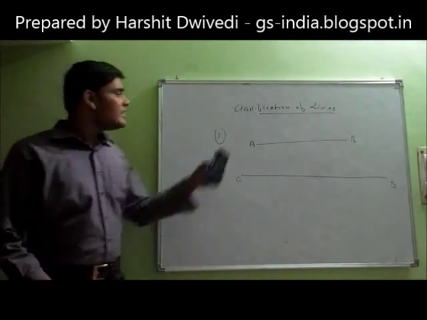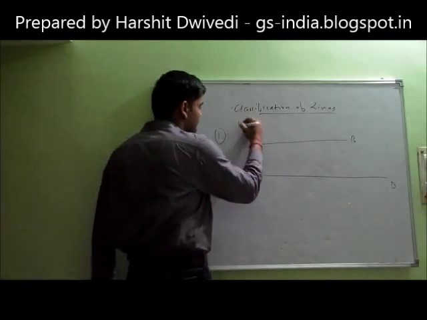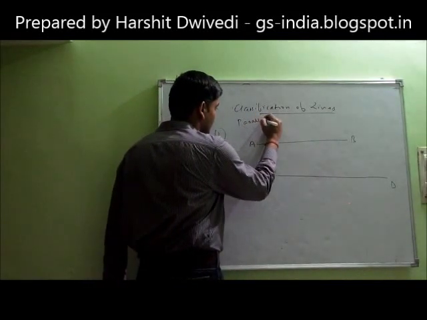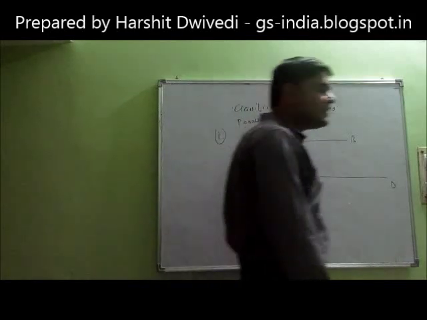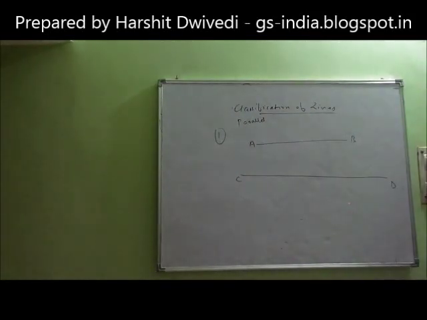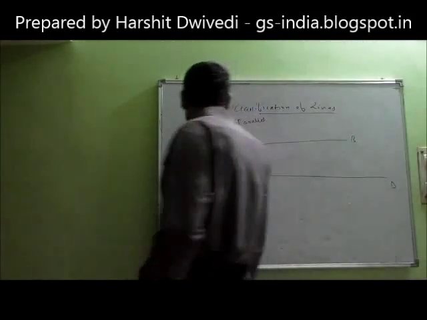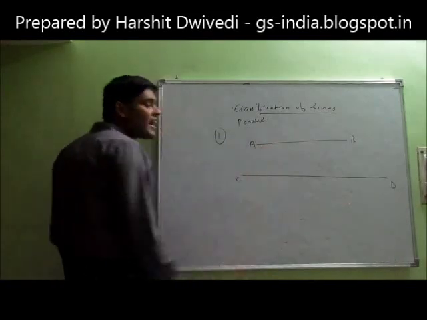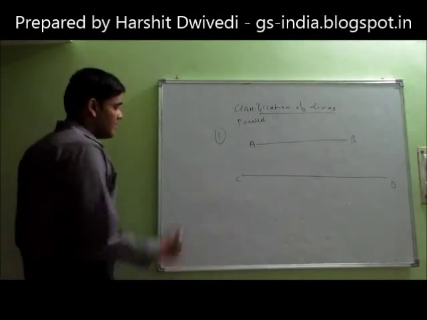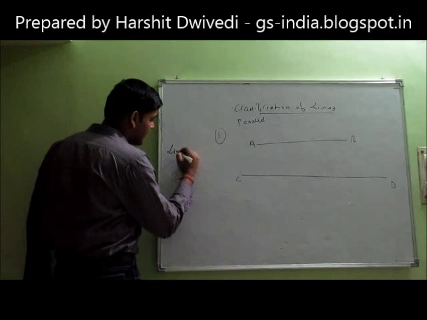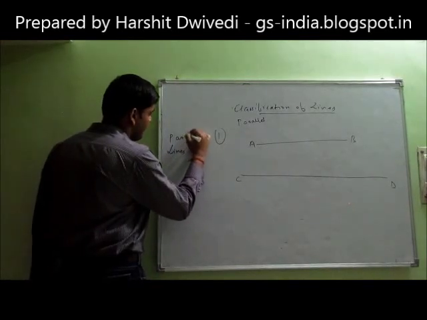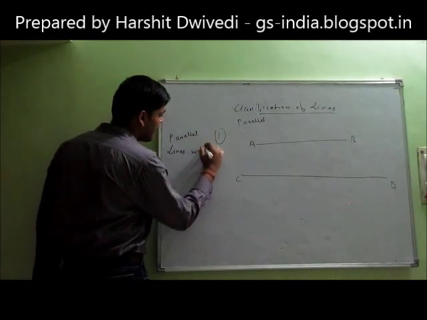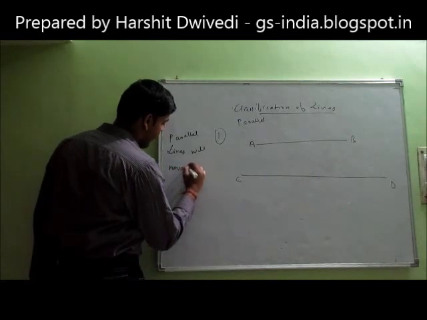Now if these two lines are parallel, then the very first property is that these lines are never going to intersect.